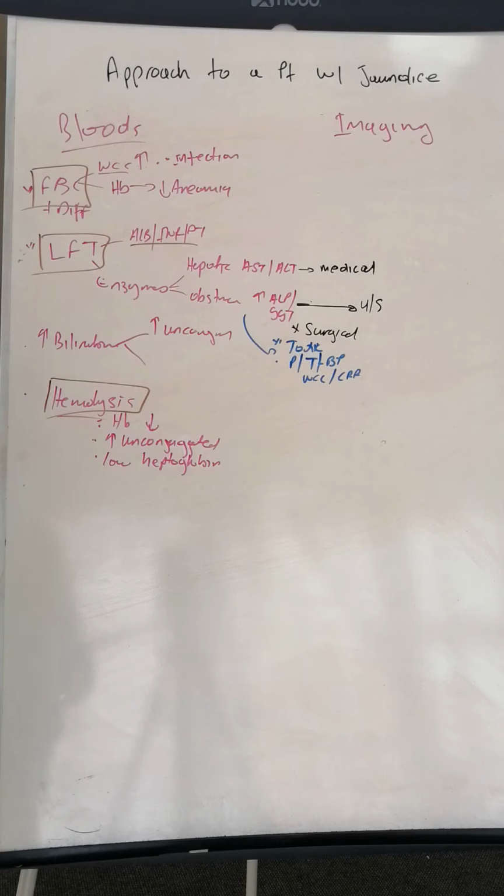What's a haptoglobin? A haptoglobin is a protein that is synthesized and secreted by the liver, and its main job is to clear free-floating hemoglobin.